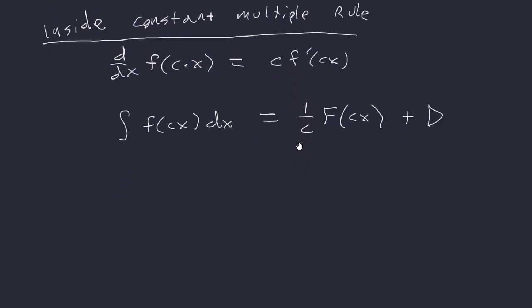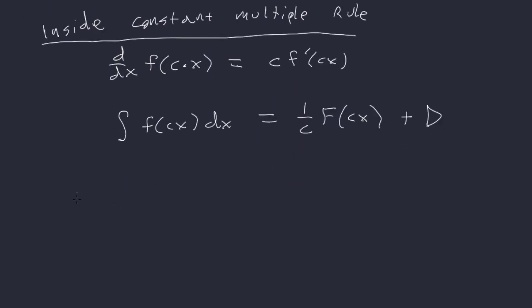To give you an idea of what I mean by that, think of the integral of cosine of 2x dx. By this rule and the other rules we've looked at, this should be 1/2 sine of 2x plus c. Is that the actual integral?